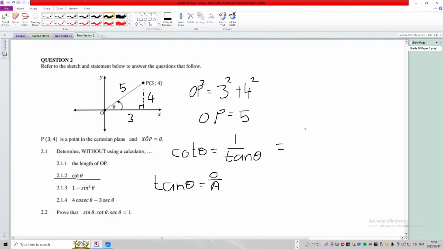So cot will be adjacent over opposite. So what is adjacent to this theta? It is 3, opposite that is 4. I'm sorry that I'm wasting time right now. Opposite is 4, adjacent is 3. So that is cot of theta there, 3 over 4. You could have just written that 3 over 4 is the final answer.